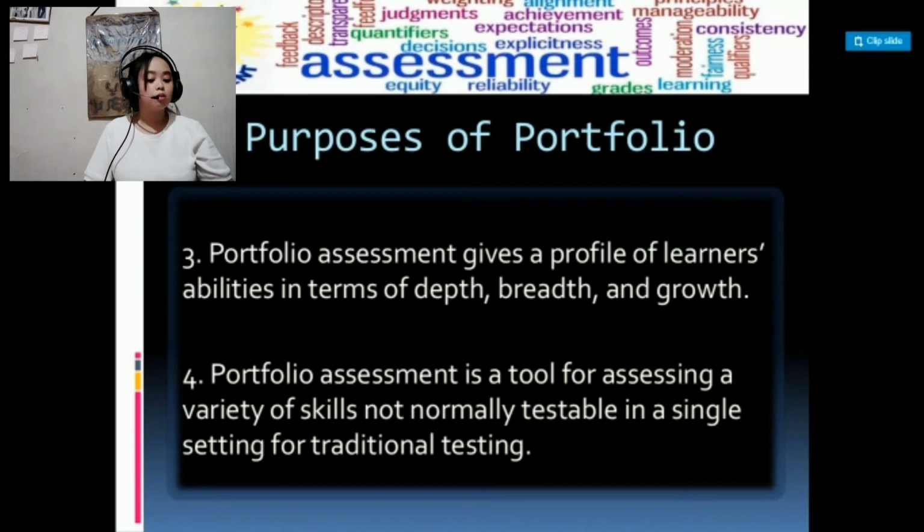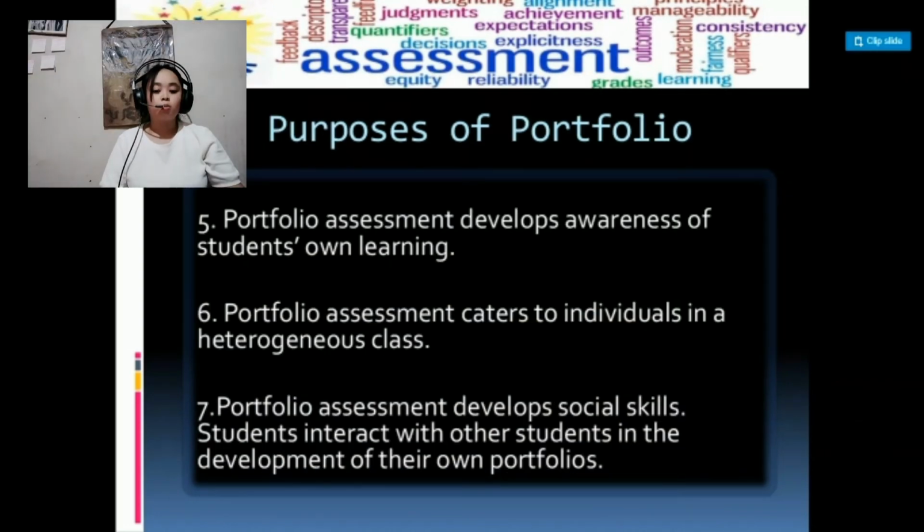So it is not normally testable in a single setting for traditional testing. Portfolio assessment also develops awareness of students' own learning. This means that the students are aware if their performance inside the class needs improvement or not.